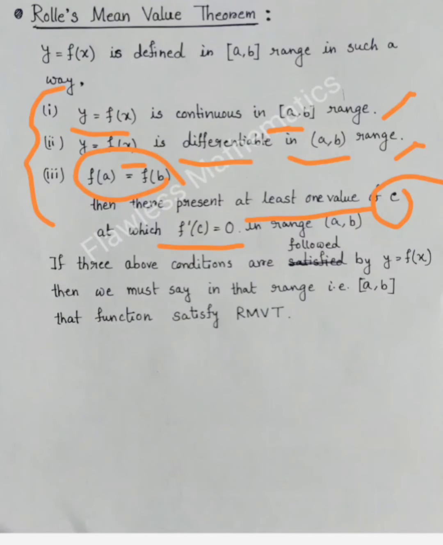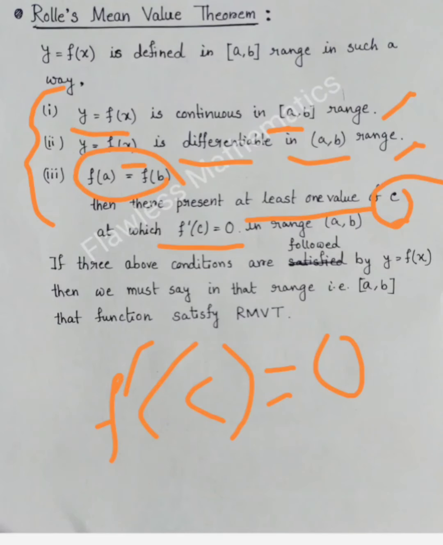That means if there is any equation y equals f of x, and we put the value a in f of x and b in f of x, and we see that f of a equals f of b, then we find a value of c at which f dash c equals 0.